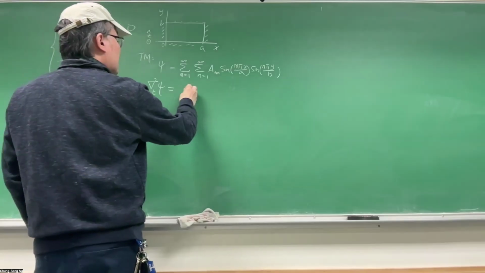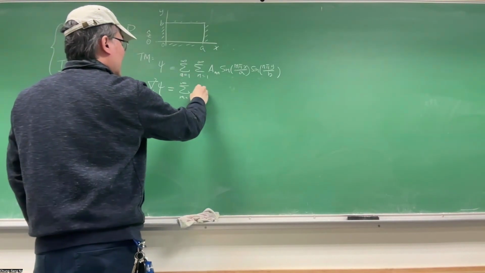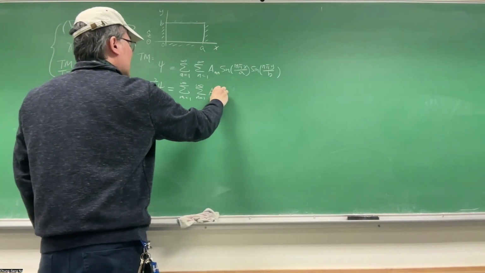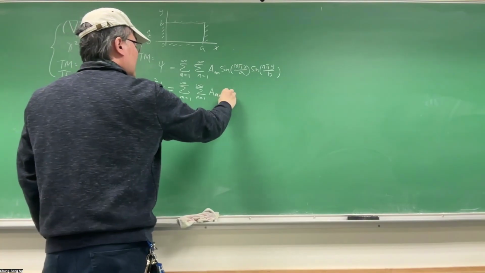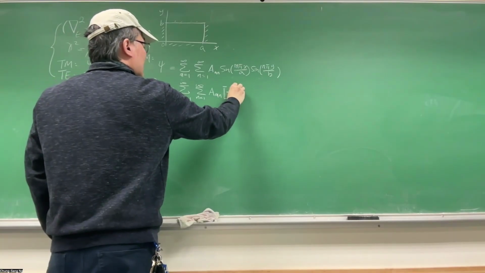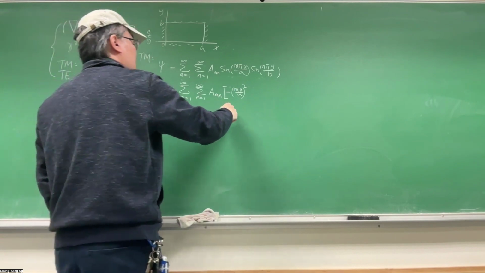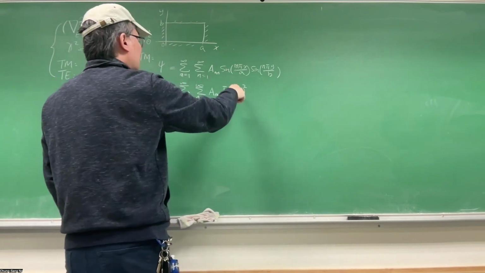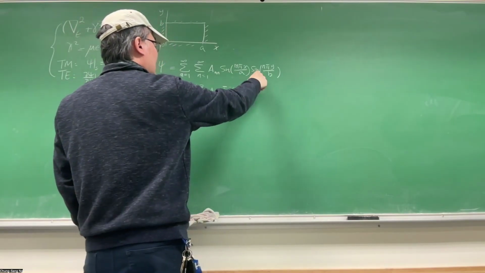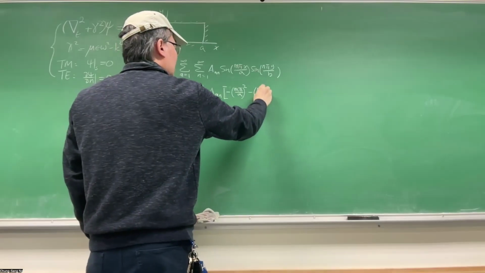So altogether, the sum over m and n, still the same coefficient, but you pull out the minus square bracket: m pi over a squared, that's for the second derivative with respect to x, plus n pi over b squared, for the second derivative with respect to y.